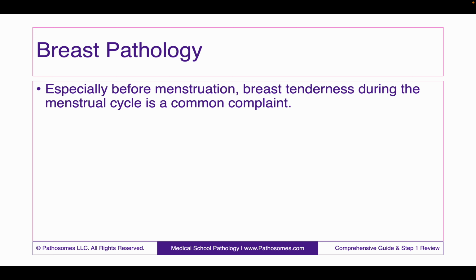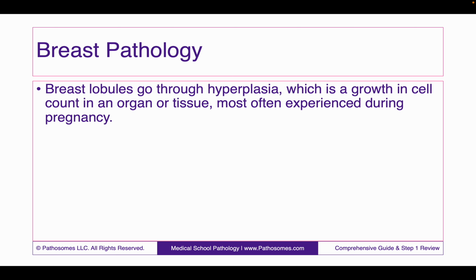Especially before menstruation, breast tenderness during the menstrual cycle is a common complaint. And you know that the breast lobules go through hyperplasia. You remember that? Hyperplasia, which is a growth in cell count, right?